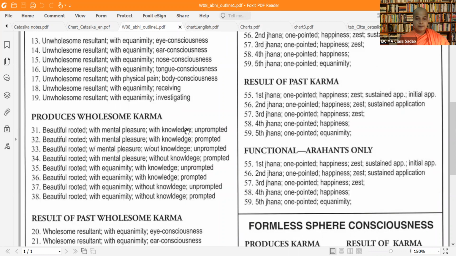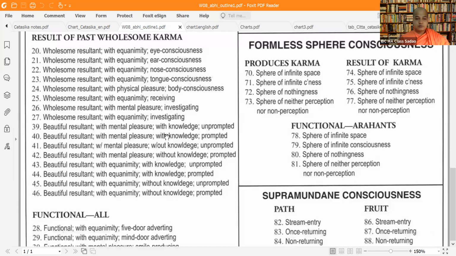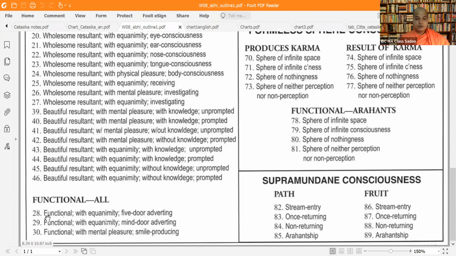Similarly, in these three: wholesome resultant with equanimity, receiving consciousness, wholesome resultant with mental pleasure, investigating consciousness, wholesome resultant with equanimity, investigating consciousness. And in this one, functional with equanimity, 5-door adverting.